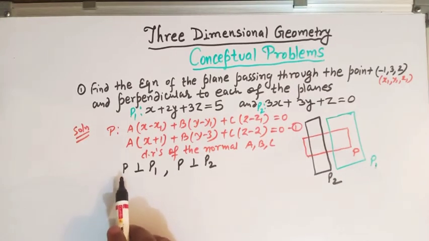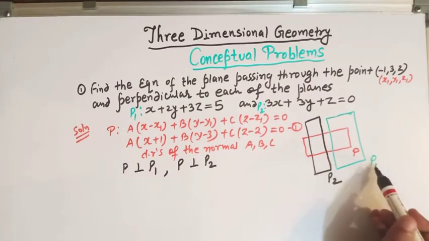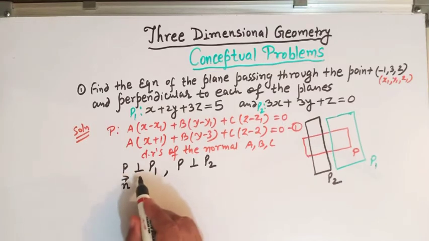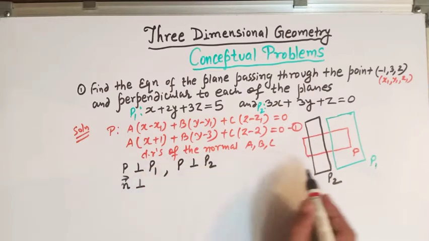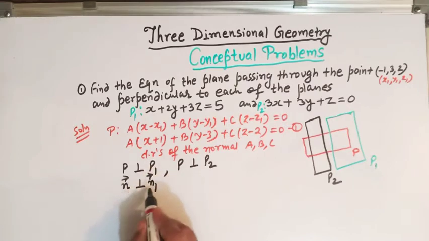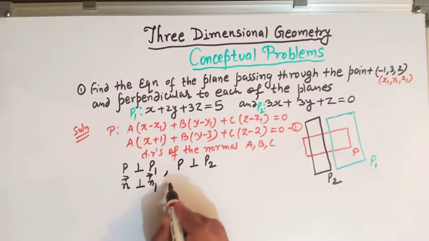Now the plane P is perpendicular to P1, so therefore the normal vector to this plane P is also perpendicular to the normal vector to plane P1, right? So vector n is perpendicular to vector n1.